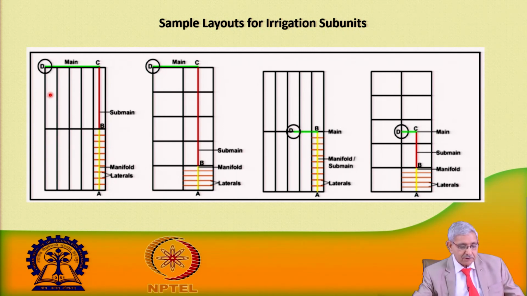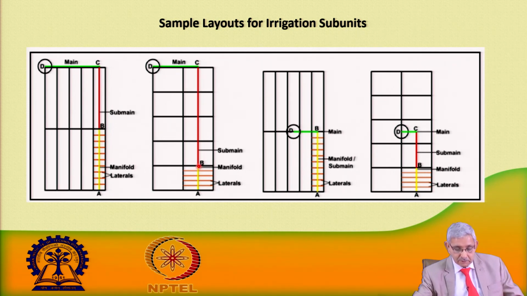In another strategy, the sub mains are laid in this way, and the laterals are attached on them. This is another layout, in which the main pipeline is attached from the pump, brought from D to C, and then this is your sub main pipeline.